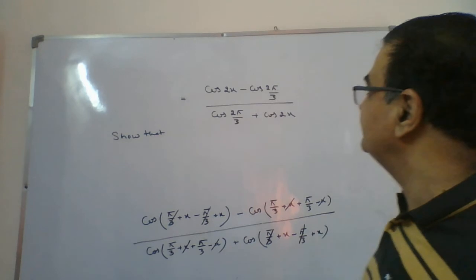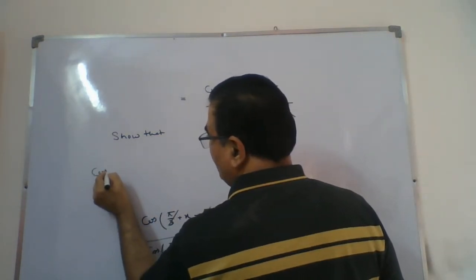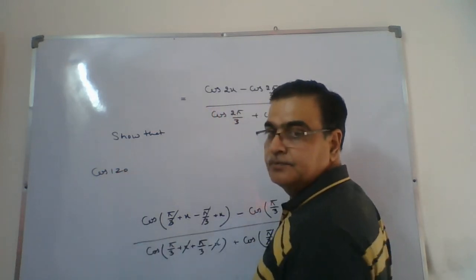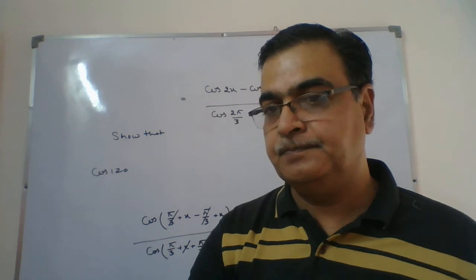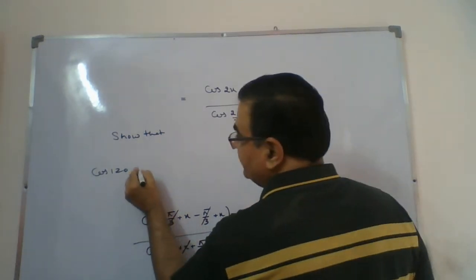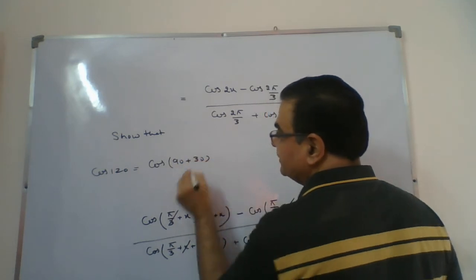So after getting this result, first thing is left, cos 2π/3 means cos 120. Cos 120, when you solve, we will get this as cos of 90 plus 30.